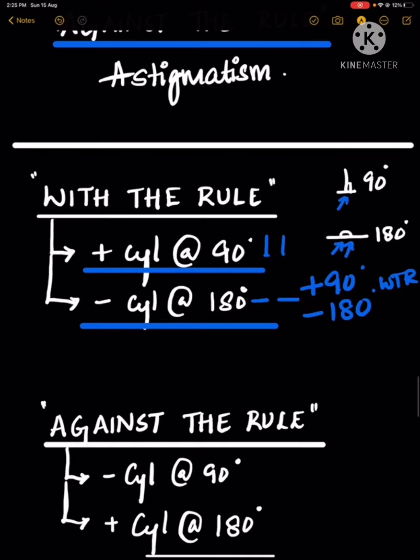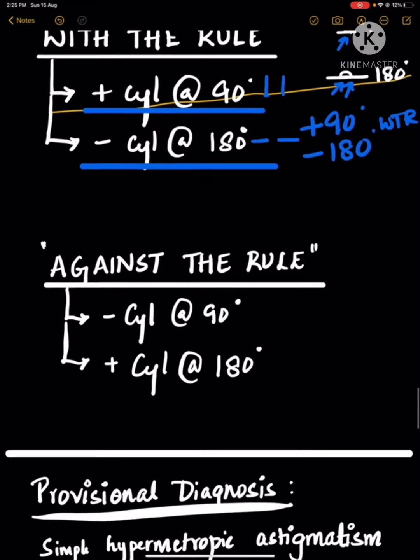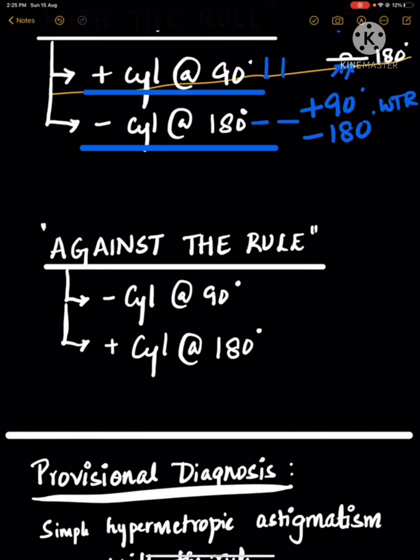Okay, so again the lines are in the same direction, with the rule. In against the rule, see, minus, but 90 degree is a vertical line. They're not in the same direction, against the rule. Plus, but plus is taken as a vertical line and 180 as a horizontal line. They're not in the same direction and therefore against the rule.